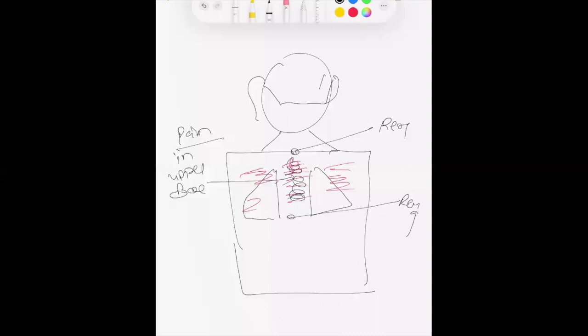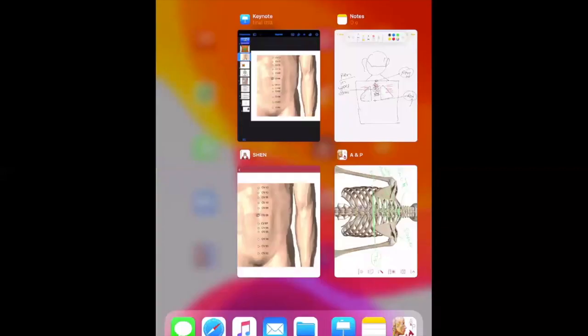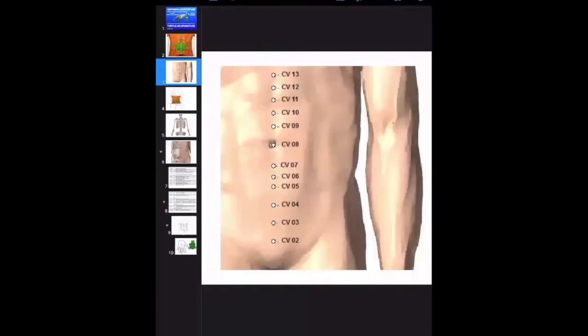So between CV10 to CV9, we can treat. This is the upper back area.